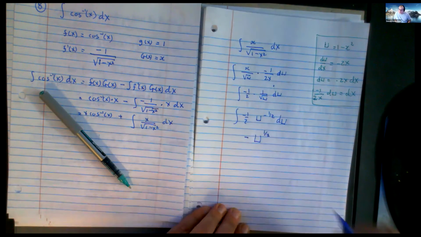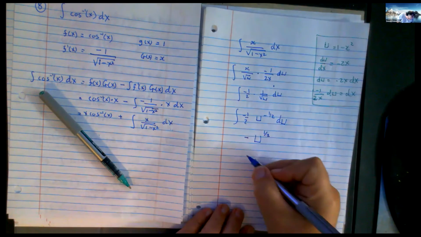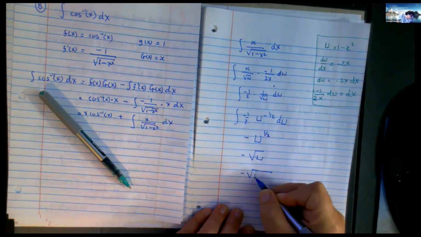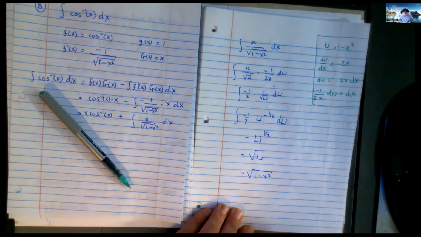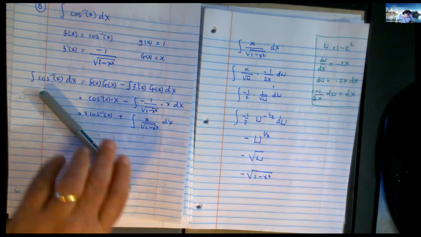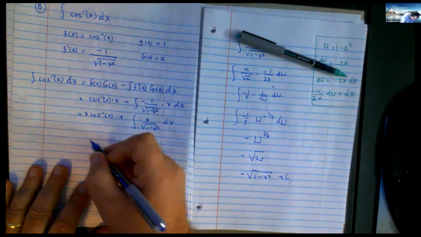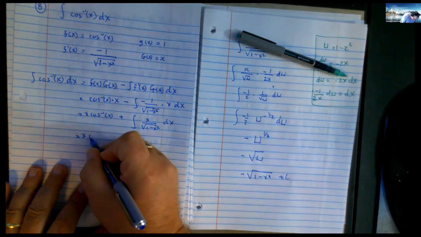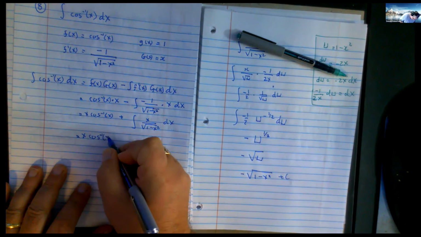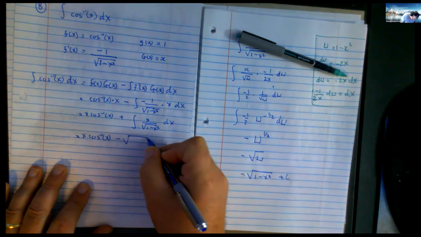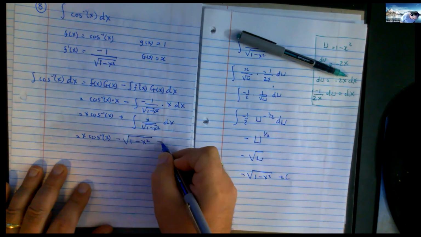You get that, which then becomes that, which then becomes that. So with a plus c, I guess, this integral is this. So we now have x inverse cosine of x minus that guy plus c.